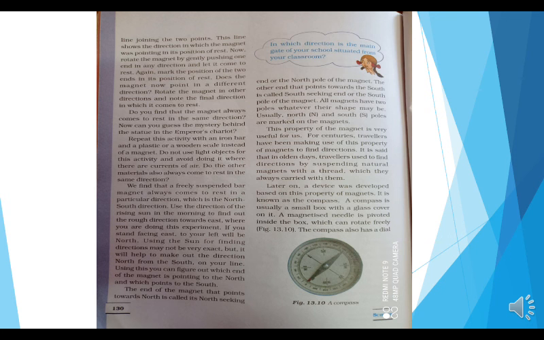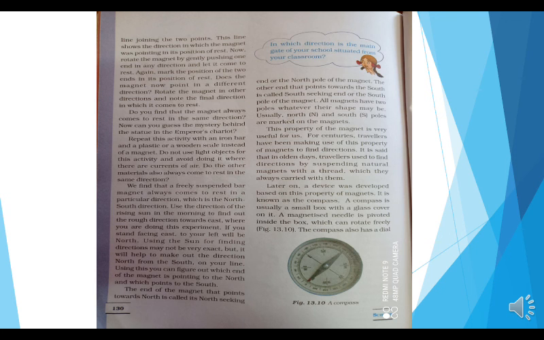Magnets always have two poles, whatever their shape may be. Usually north and south poles are marked on the magnet. As I told you in our previous class, there are two poles of a magnet: the north pole and the south pole.